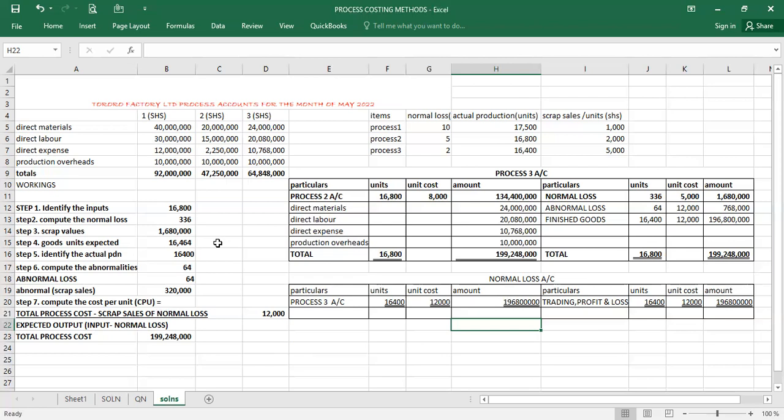But even those scrap sales, the balance that will remain there is supposed to be put to the bank. If it is remaining, upon deducting these abnormal gains and abnormal losses, we've removed everything. What remains there, we close off and it goes to the bank.